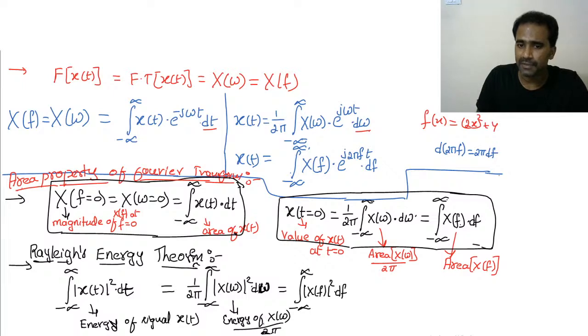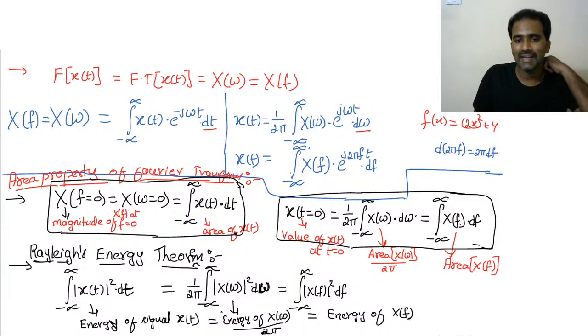When you are dealing in terms of omega, there is a 1 by 2 pi factor extra, or this is also the same as the energy of x of f. These three are the same. That is the statement of Rayleigh's energy theorem. So calculate the energy in time domain or in frequency domain, it is the same. But if you are calculating the energy in frequency domain with the integration variable as omega, then you have to make sure that there is a factor of 1 by 2 pi.